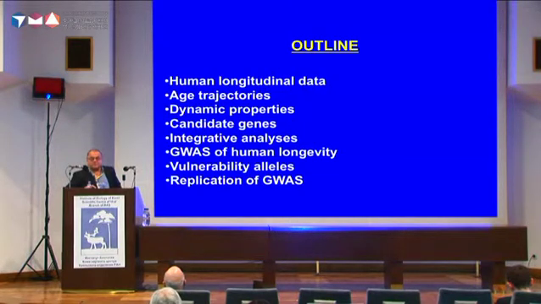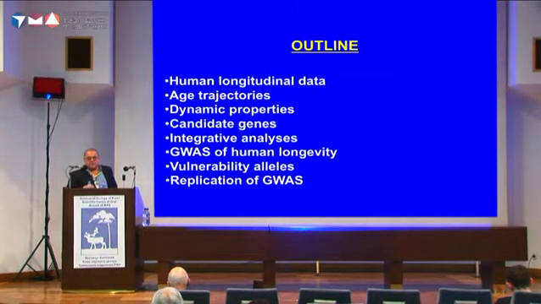I'm going to show the results of those studies, and I'm also going to dwell on the very important aspect of replication of genetic studies, particularly those which deal with the scanning of SNPs. The problem of replication of genes which influence lifespan is quite a challenge.